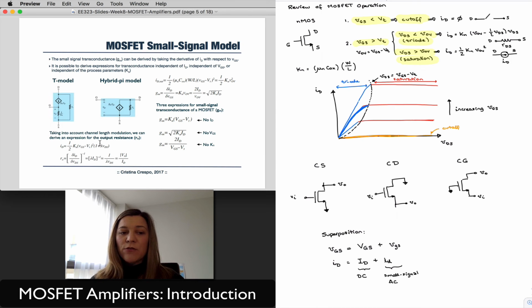And if you apply that to the equation, you get that it is equal to 1 over lambda times ID, or if you want to write it in terms of the Early voltage, which is the equivalent parameter that we use to model the output resistance in the BJT, it will just be the Early voltage divided by ID. And so you can say the equivalent of lambda is equal to 1 over the Early voltage.